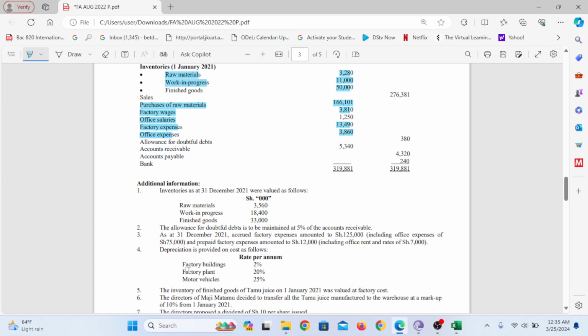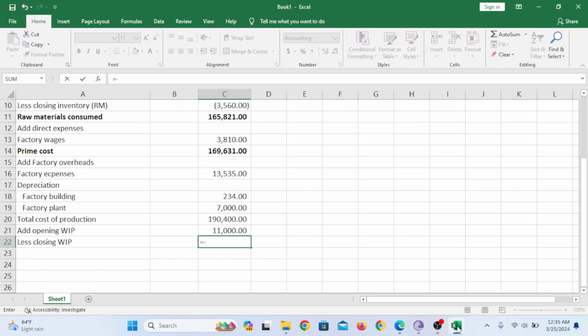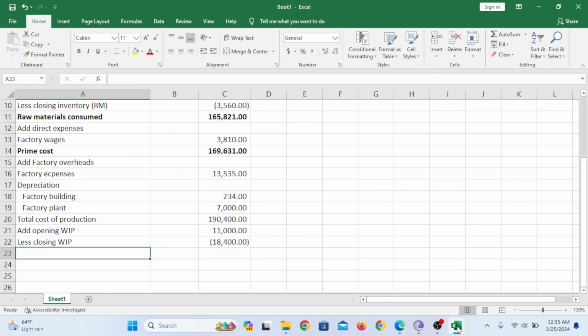The closing work in progress here is 18,400. So when you sum up the work in progress, we get now the factory cost of production.